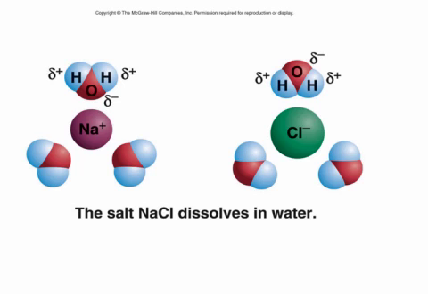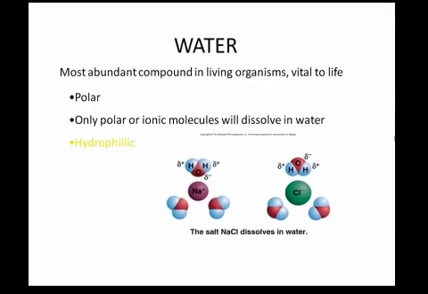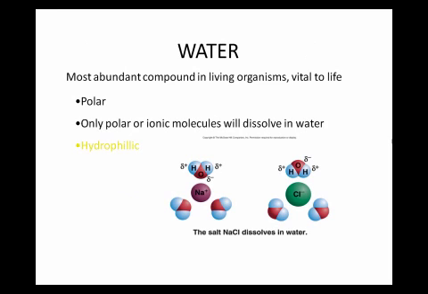If you look over at chlorine, or the chloride rather, is a negative ion, and so the water molecules surround that chloride ion and they orient themselves in such a way that the partially positive hydrogen is surrounding that chloride. And that allows these ionic molecules to dissociate, to separate, to dissolve in water. Anything that is ionic or polar will dissolve in water because water itself is polar.